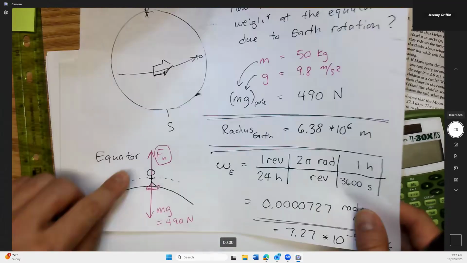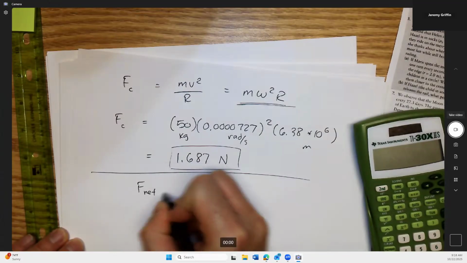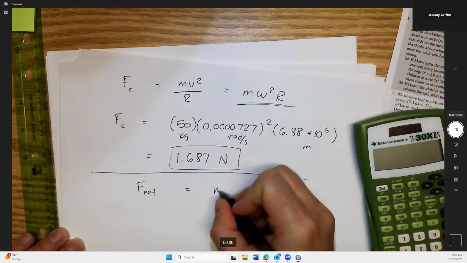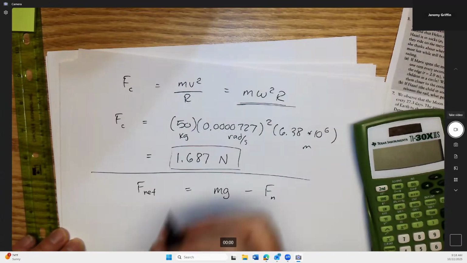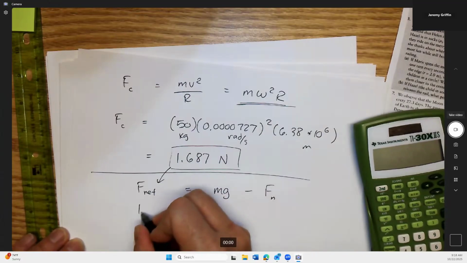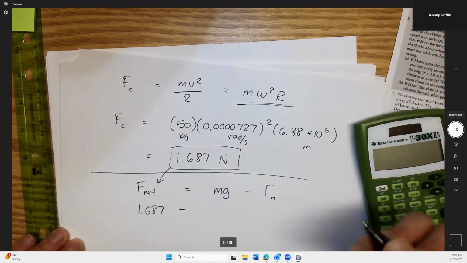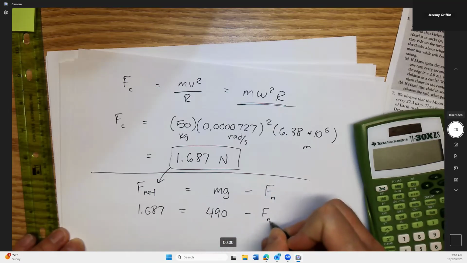So what would the scale reading then be? Because guys, it goes like this: net force is his weight pulling down minus the normal force from the scale up, would that be the net force? And the net force is the centripetal force. So I got 1.68. So I guess I'm chasing out a different question, which is what is the scale reading? What's the scale reading?